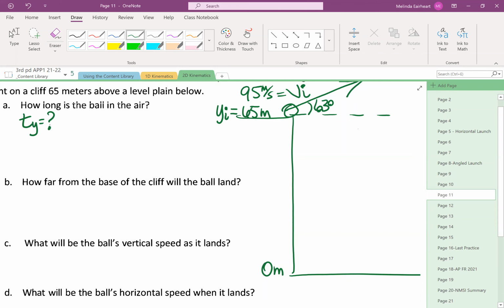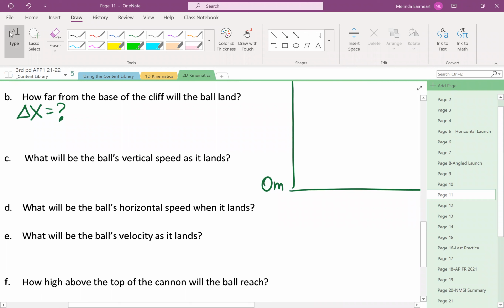How far from the base of the cliff will the ball land? What are we solving for there? How far from a horizontal distance, right? AKA, what's our vocab word? Range.